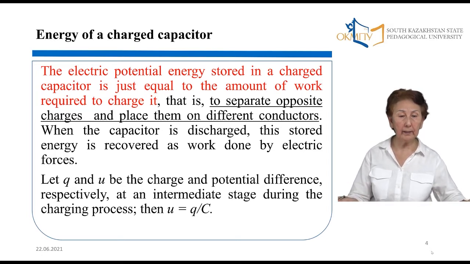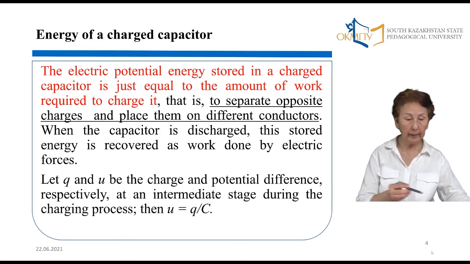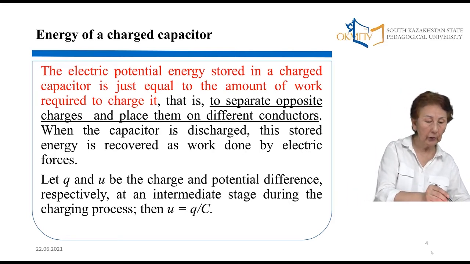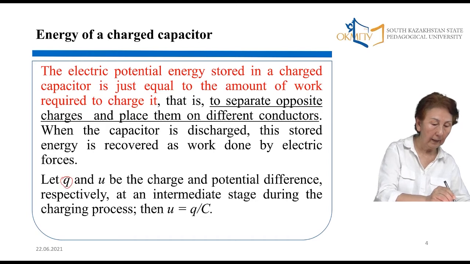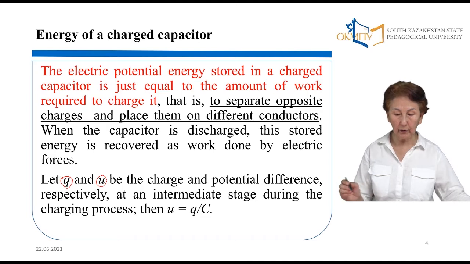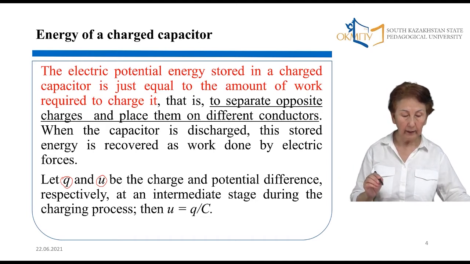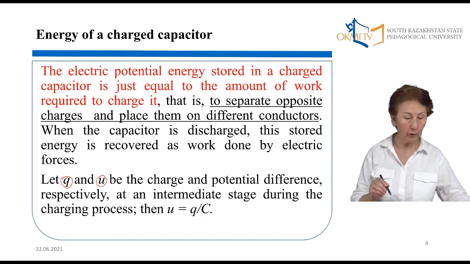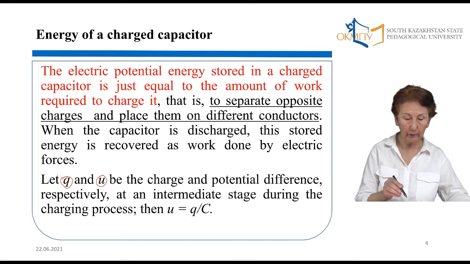So let us obtain the expression for energy of a charged capacitor. Let Q and U be the charge and potential difference respectively at an intermediate stage during a charging process.